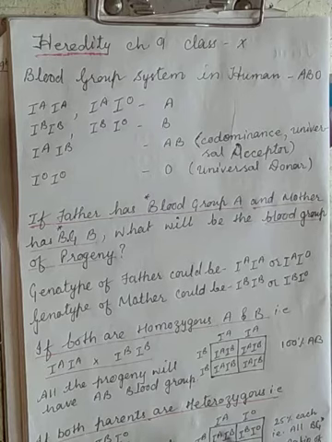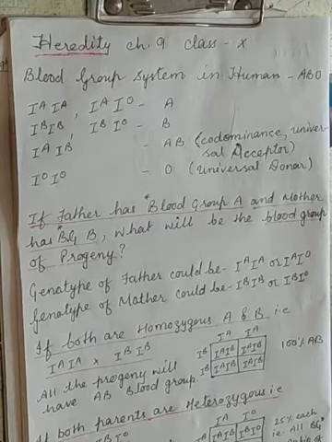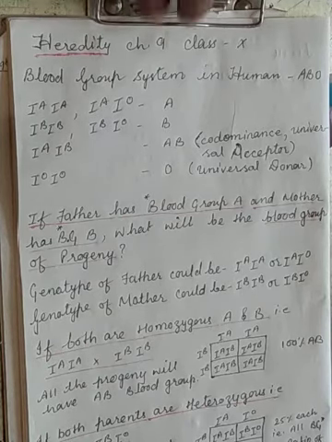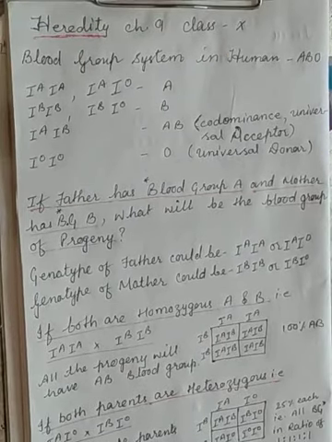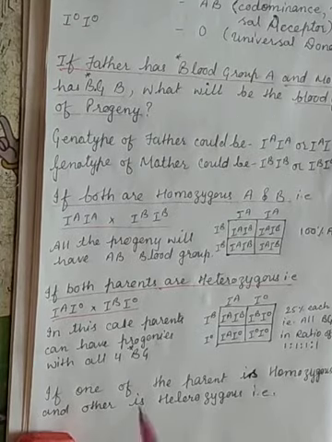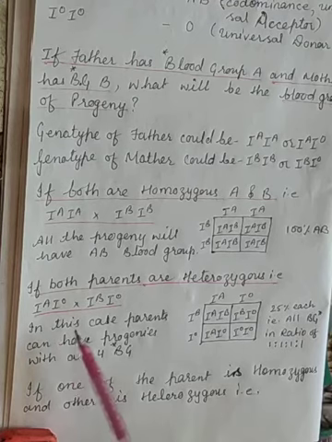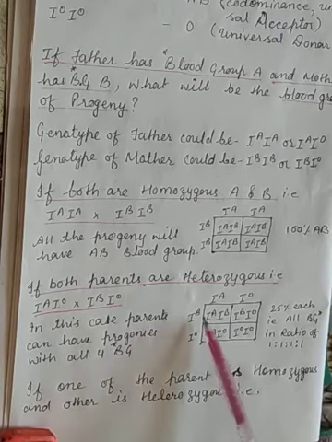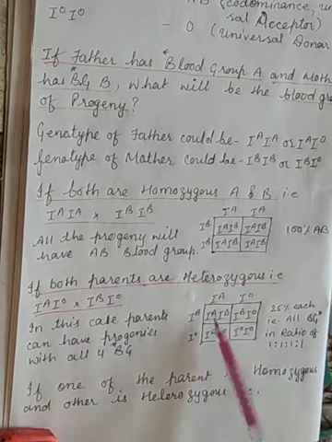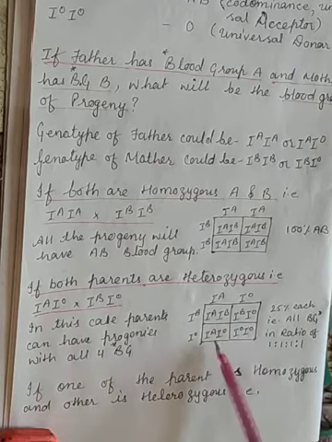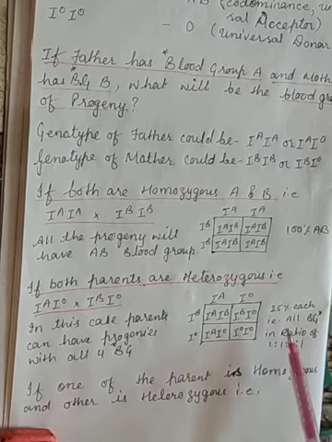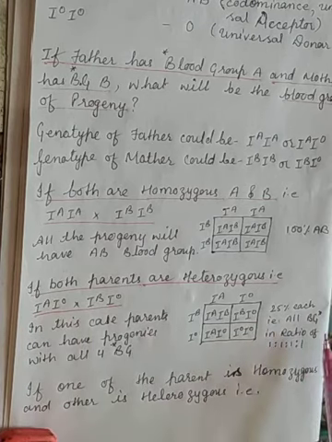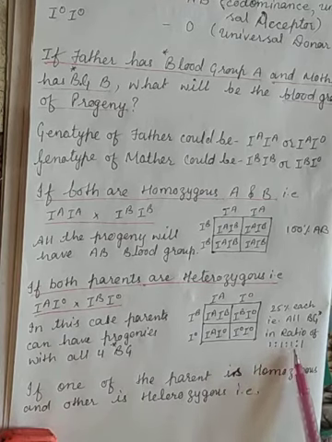Now if both the parents are heterozygous, that means the parents have IA IO and IB IO composition, we will get two types of gametes from each: IA, IO and IB, IO. The progenies will be AB, B, A and O. That means all blood groups are possible in parents having the heterozygous composition of A and B. That means 25% each, all the blood groups in the ratio of 1:1:1:1 will exist.